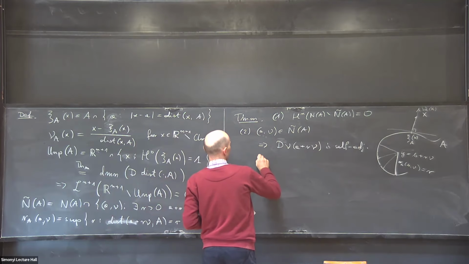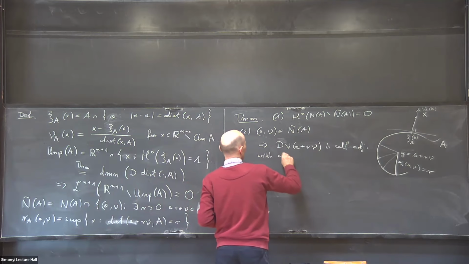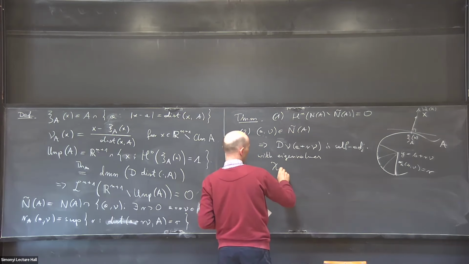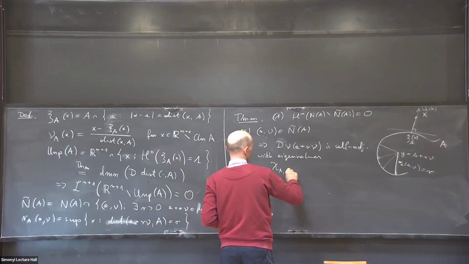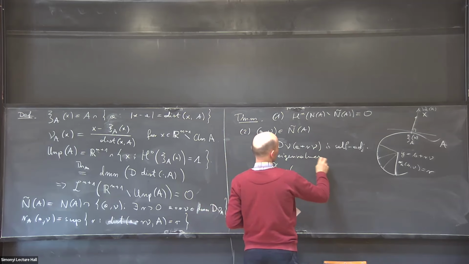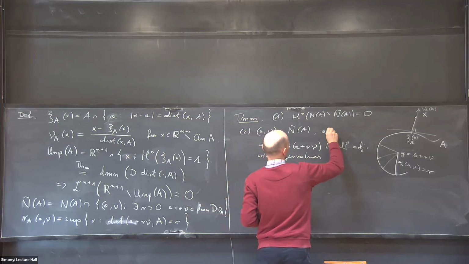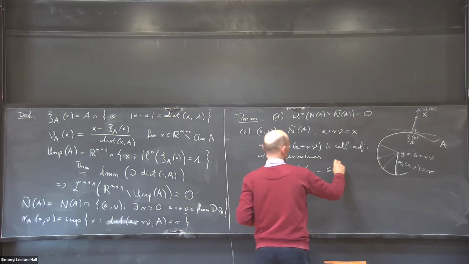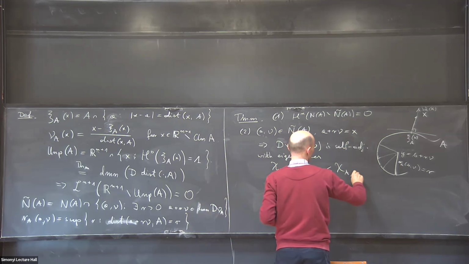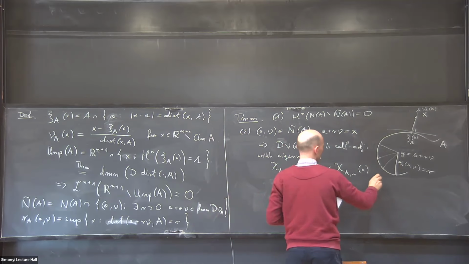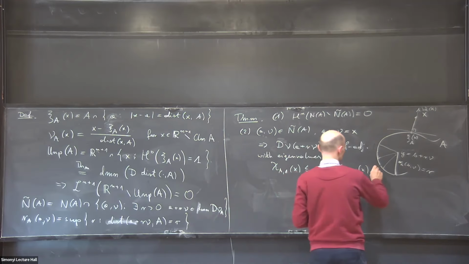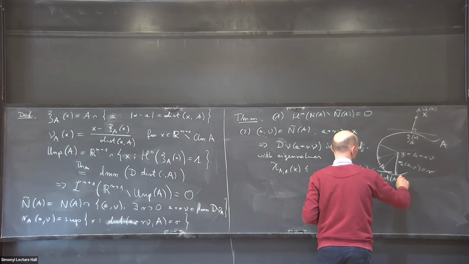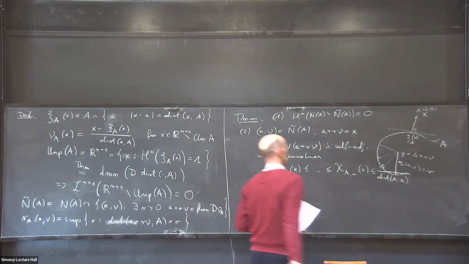With eigenvalues chi A1, I call this X. We order them this way, and all of them are bounded by 1 over the distance.